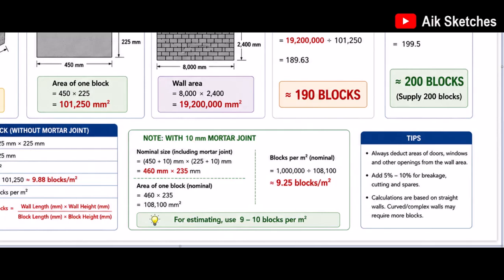The third one is that calculations are based on straight walls only. Curved, complex walls may require more blocks. Okay, so everything we did here is based on a straight wall.